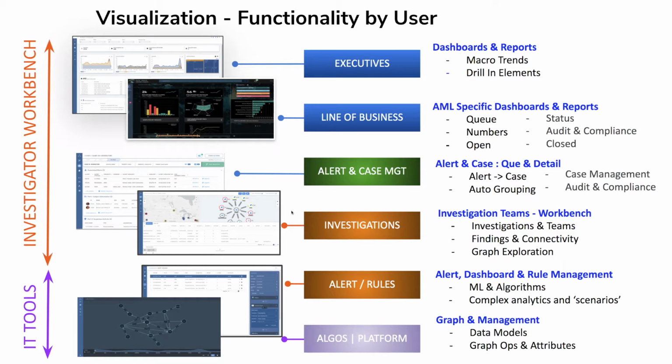But it's important to note that there is low level analytics going on by data scientists and other analysts, all the way up through investigators, as well as line of business folks and even executive stakeholders. So those views into the data that we're going to be looking at today vary.